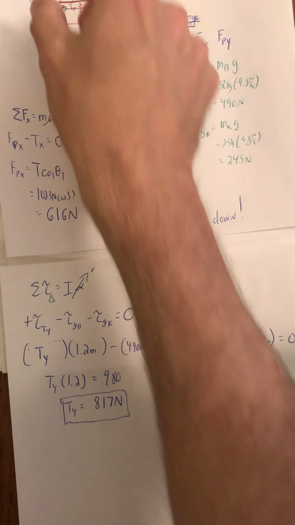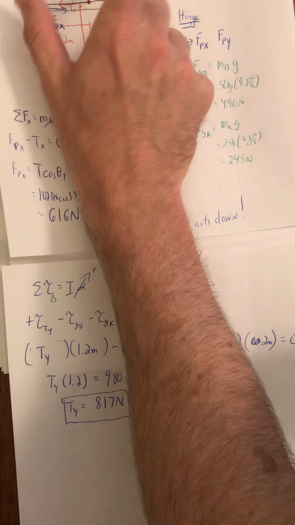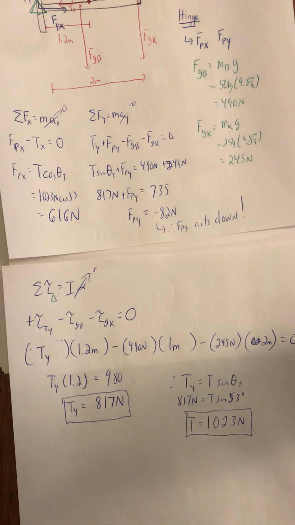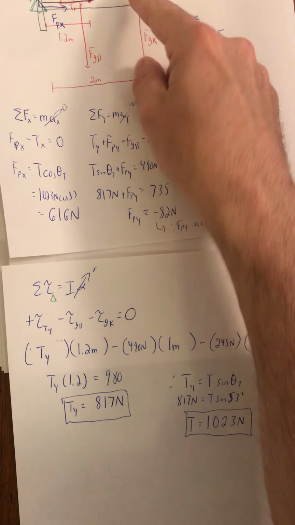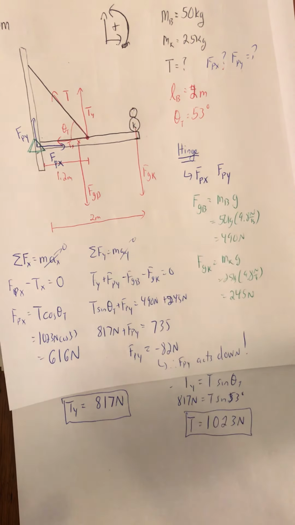Or say, at what distance would that have to be placed such that Fpy went to 0, or if the tension had some sort of maximum value, how heavy could the kid at the end be before the tension breaks? And hopefully if you're thinking about those problems, you're thinking about limits. And that's going to be the problem that you're going to look at later today. It is going to use some of that sort of analysis, but the basic concept of the boom problem is not going to change.